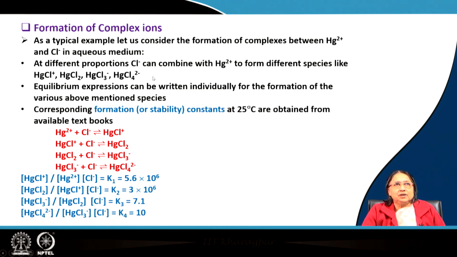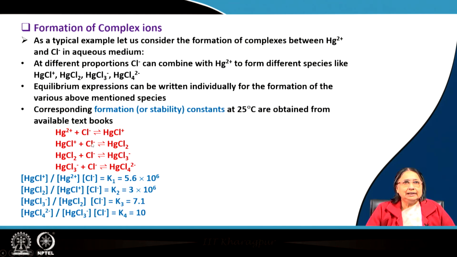How? Chloride can combine with Hg2 plus to form HgCl plus, it can form HgCl2, it can form HgCl3 minus, it can form HgCl4 2 minus also, depending on how much chloride is combined.